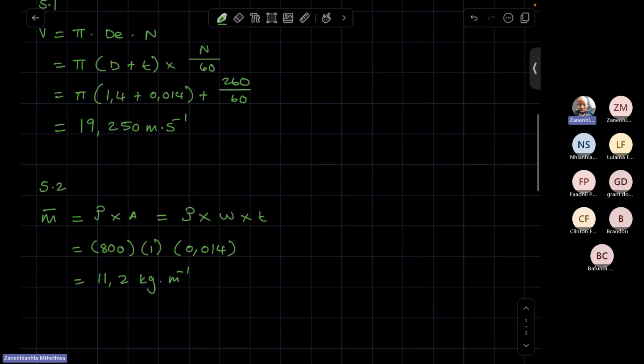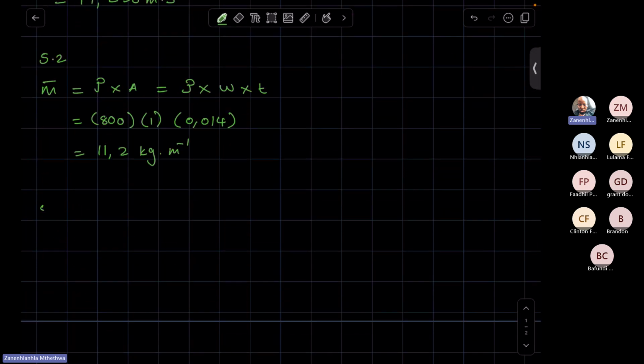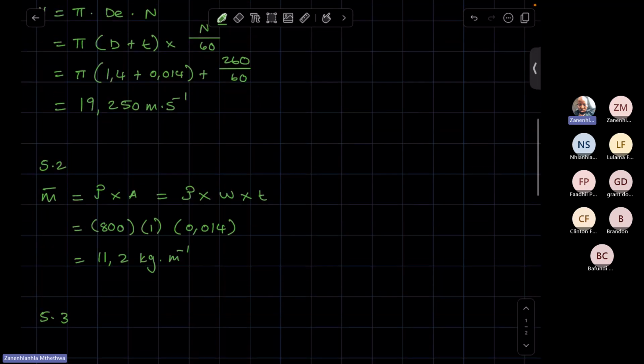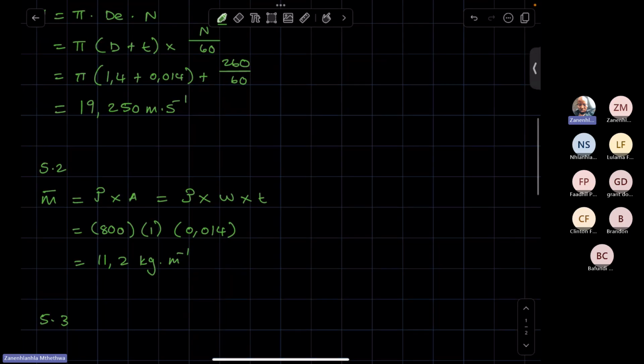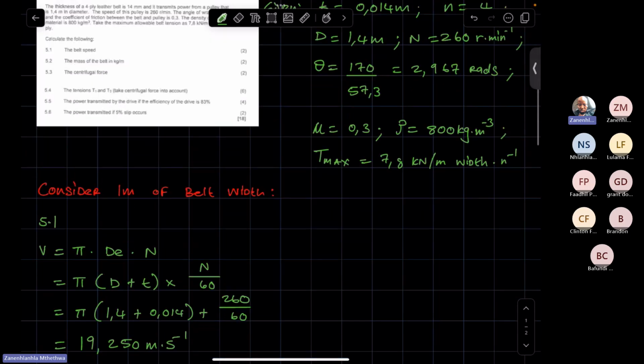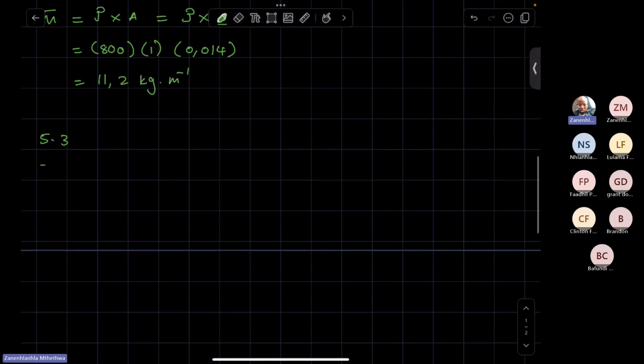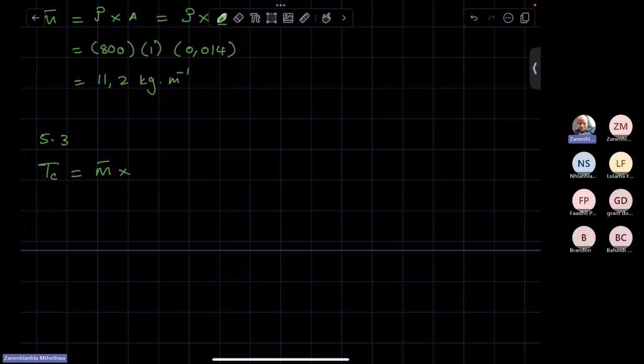The centrifugal tension, as we've established, because our V is greater than 12 meters per second, we have to consider centrifugal tension. Now, centrifugal tension is denoted as Tc, and the formula for Tc is m dash times v squared.